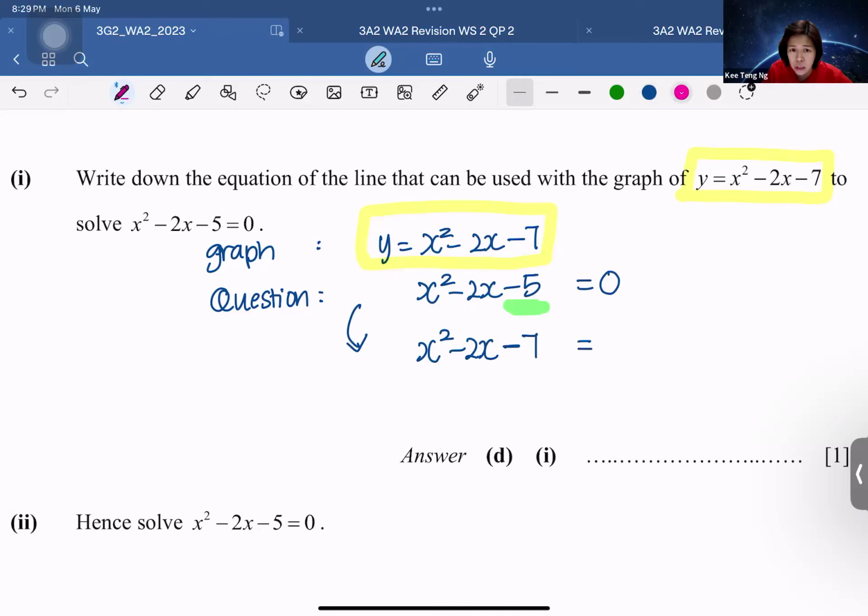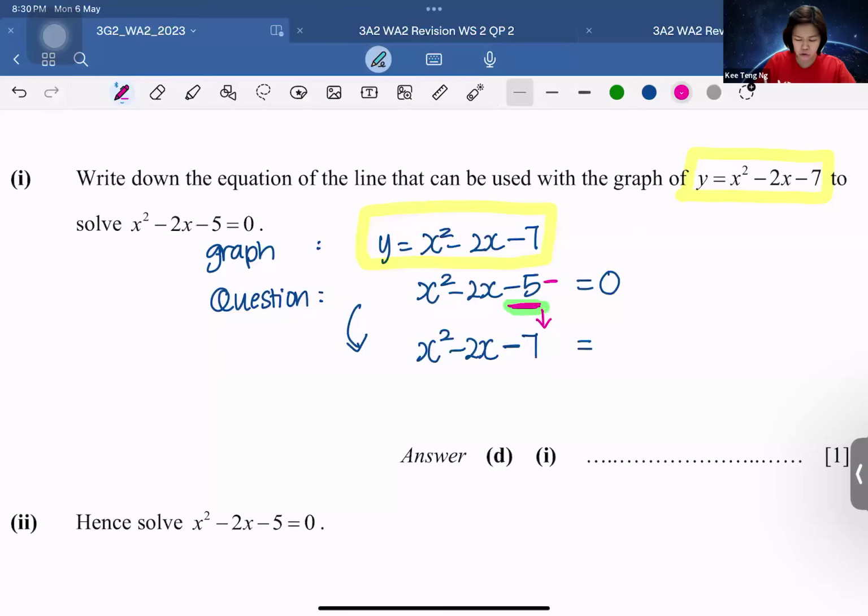But I need to think, from minus 5, how to get minus 7? What other number do I need to add or subtract? Minus 5, what do I do to get negative 7? Yes, you minus 2 more, right?